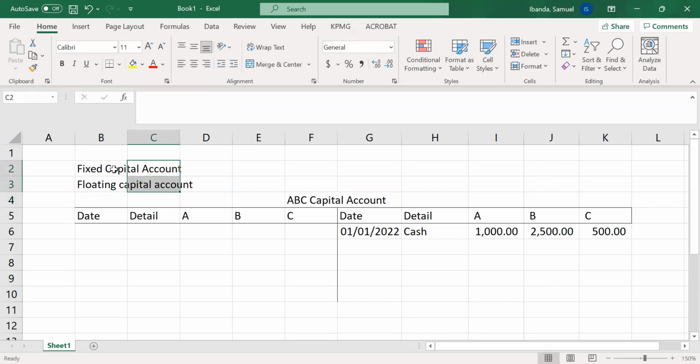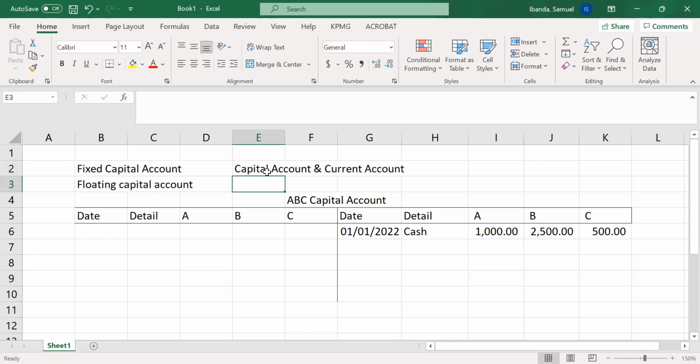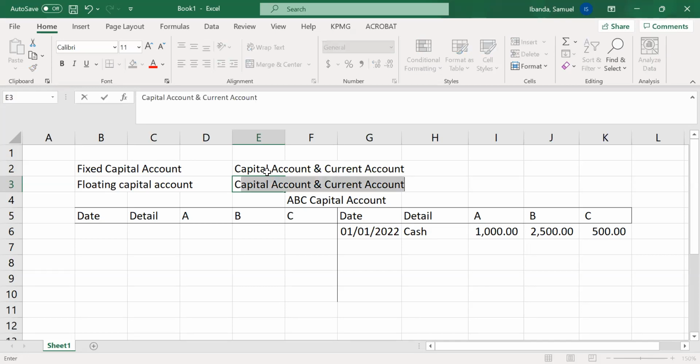So if it's a fixed capital account, we will have a capital account and we'll also have a current account. And if it's a floating capital account, we'll only have a capital account.